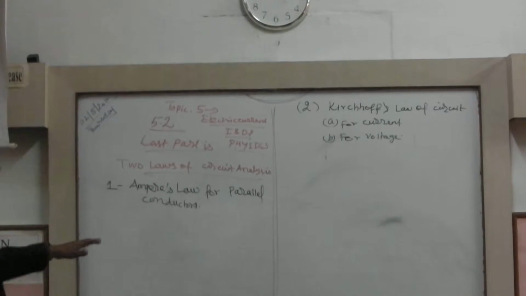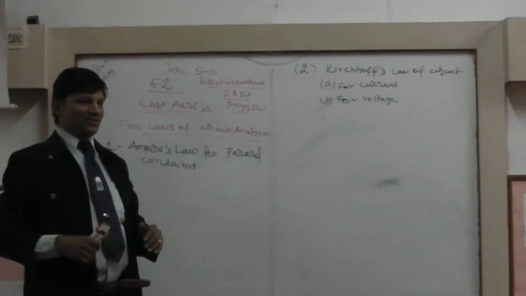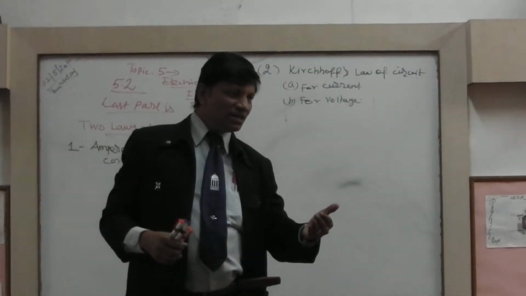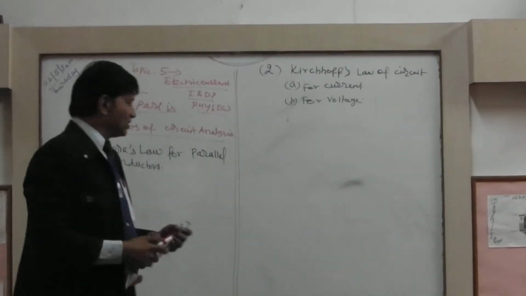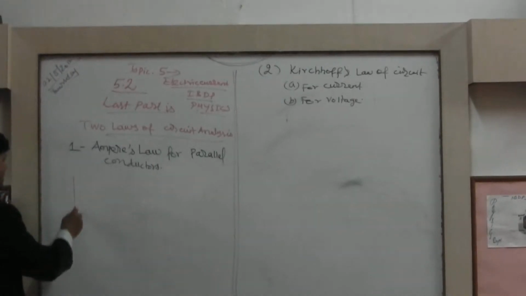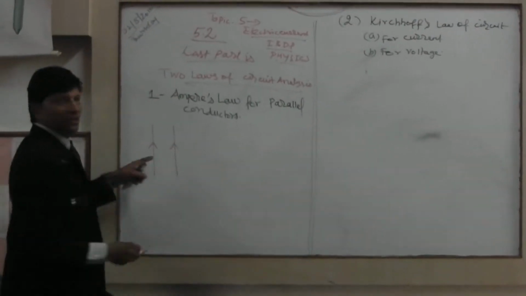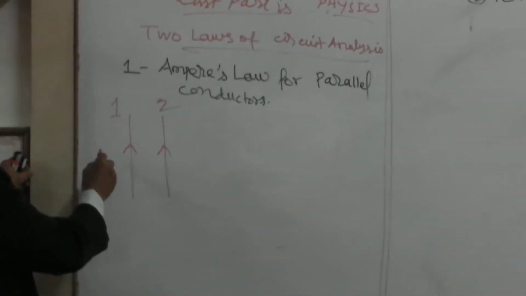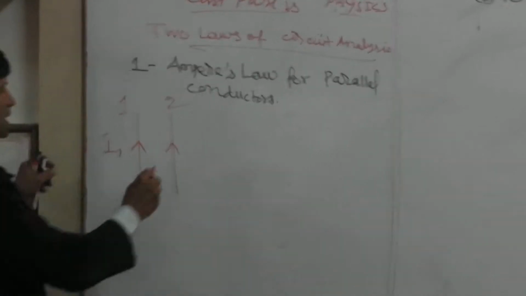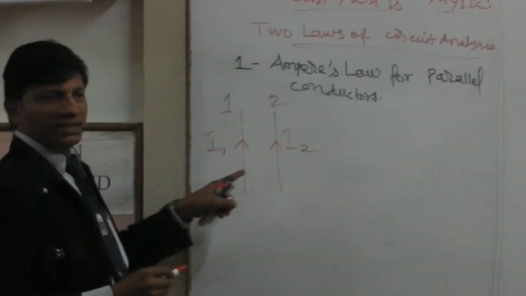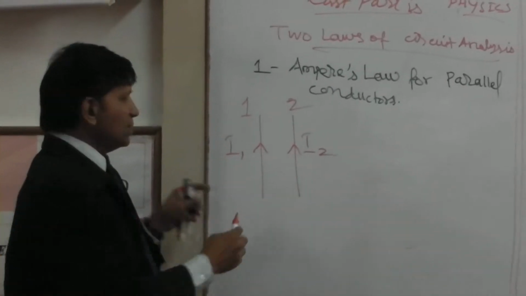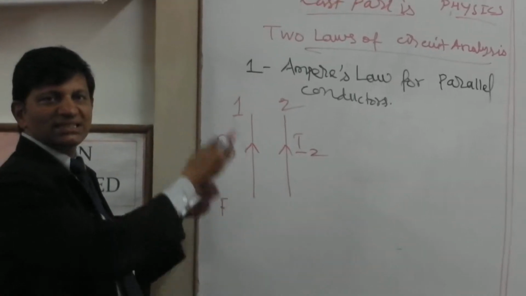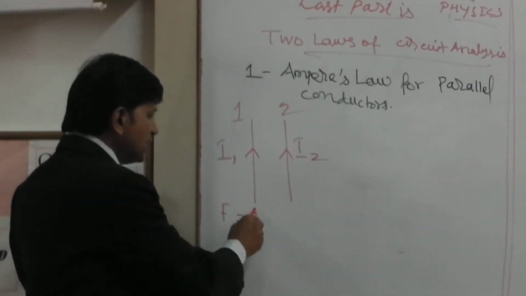Now here, Ampere's law is meant for parallel conductors. Whenever the current is carried in the same direction, say conductor 1 carrying current I1 and conductor 2 carrying current I2, then the force experienced for like currents is attraction.